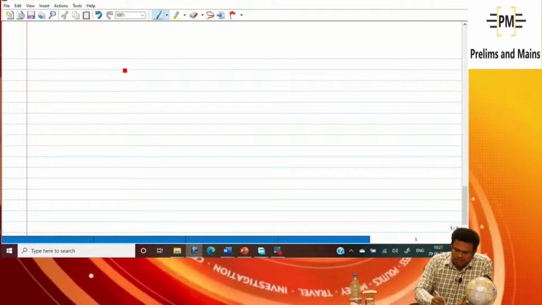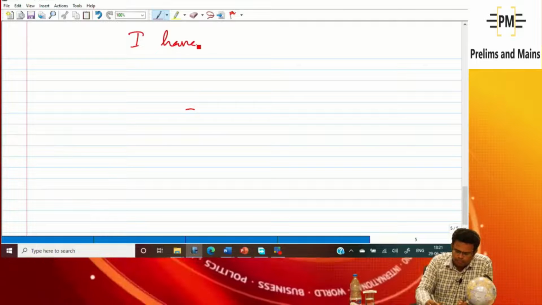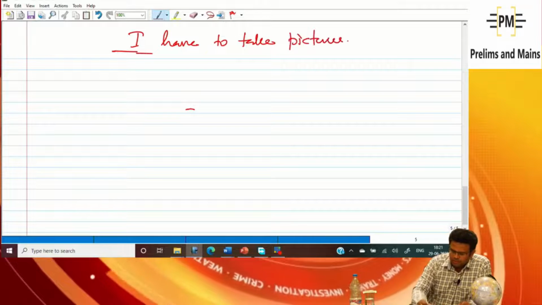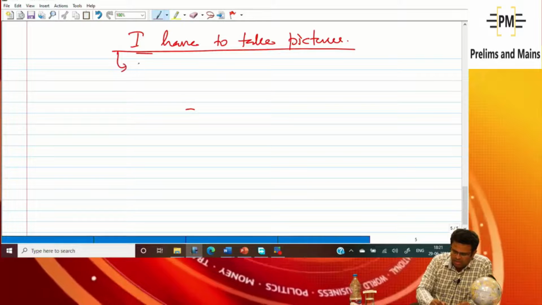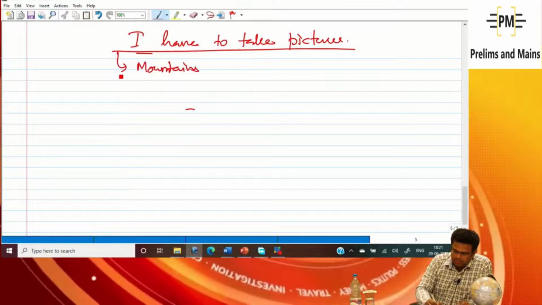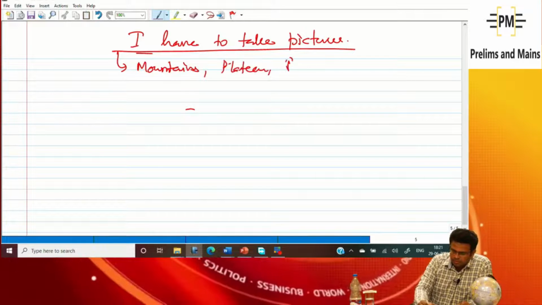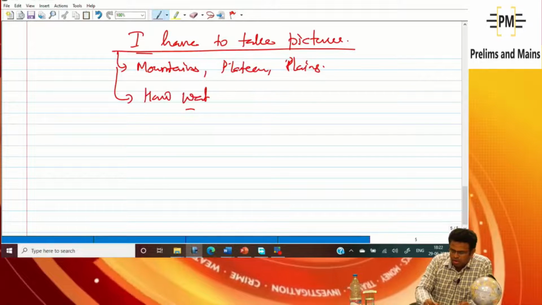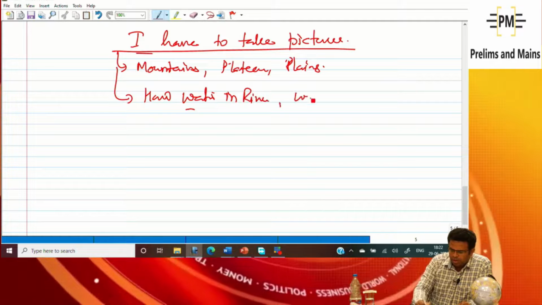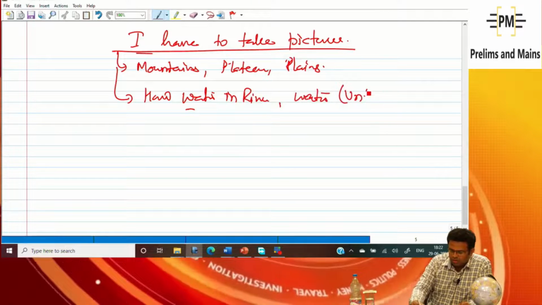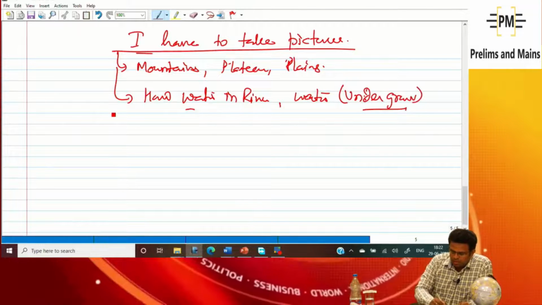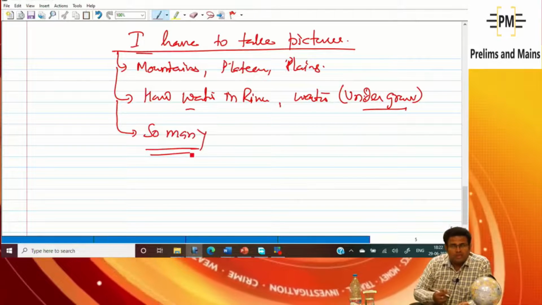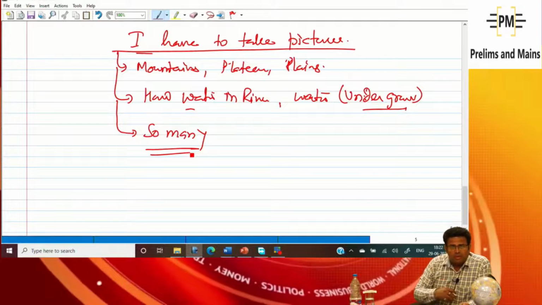And the next one, if I have to take pictures, pictures of mountains, plateaus, plains, and how much water in rivers, water and especially underground water, or maybe so many pictures, and it is about where is the iron ore reserve, where is the uranium reserve, where are the different kinds of reserves.